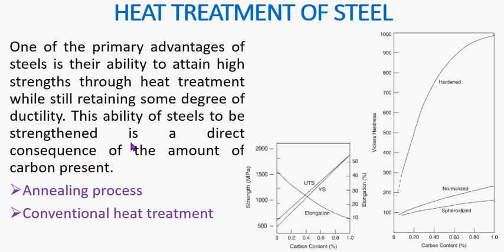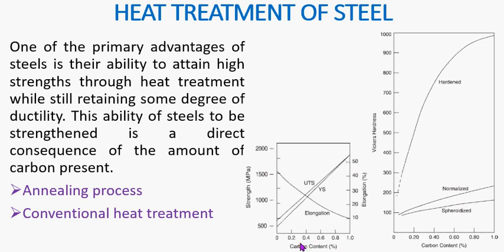So here we are saying that steel can be strengthened by the amount of carbon content and also by heat treatment. So let's look at the amount of carbon content. We can see here, as the carbon content is increased, the yield strength and the ultimate tensile strength also increase, though there is a dropout in ductility.